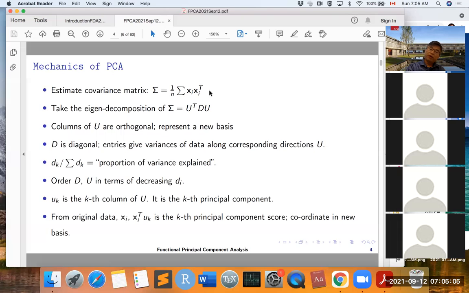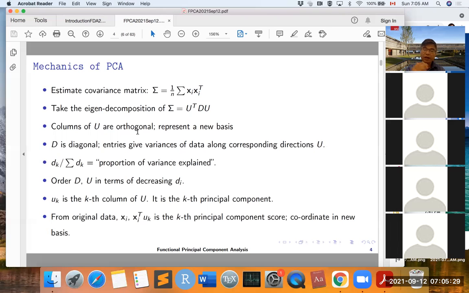The sample variance for xi will be just the average of xi times xi transpose. After we get this sample covariance, we can take the eigendecomposition and find the eigenvectors in u. The eigenvectors in u are orthogonal.